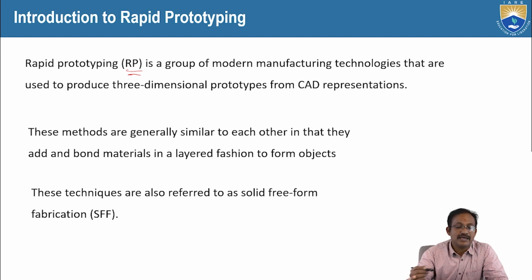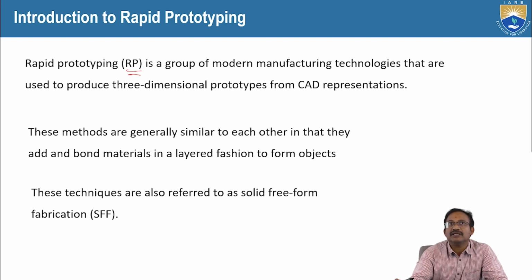Rapid prototyping is a group of modern manufacturing technologies that are used to produce three-dimensional prototypes from CAD representations. What is CAD? Computer aided design.